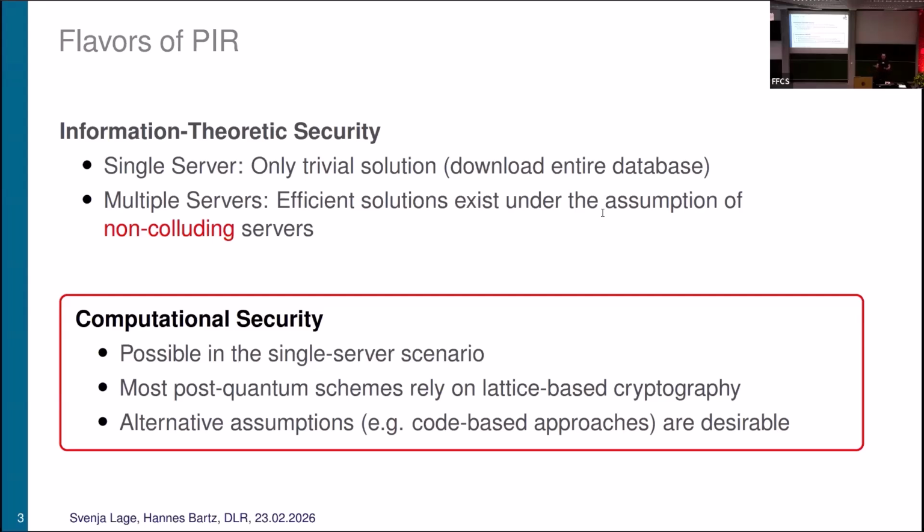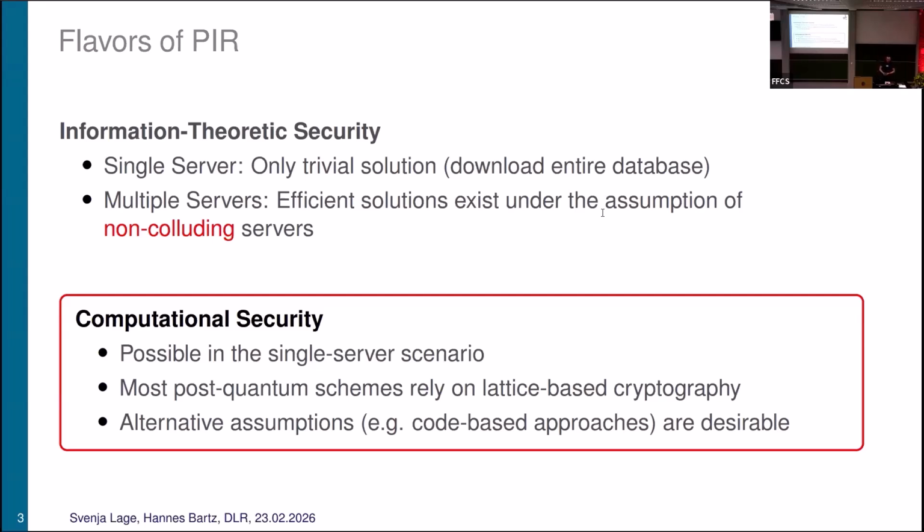But when we move to practice and away from information theoretic security, we can discuss the so-called computational security. That's something we know, for example, from asymmetric cryptography, from public key cryptography. Basically, we can base our security on a computationally hard problem. And there are some approaches to do this.